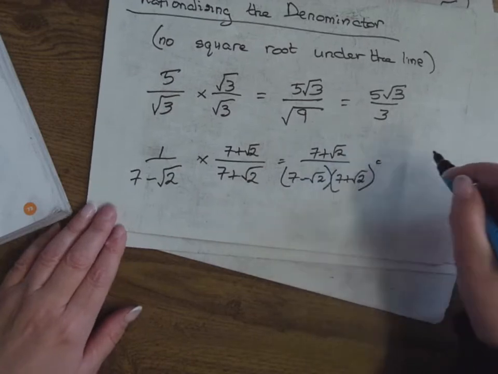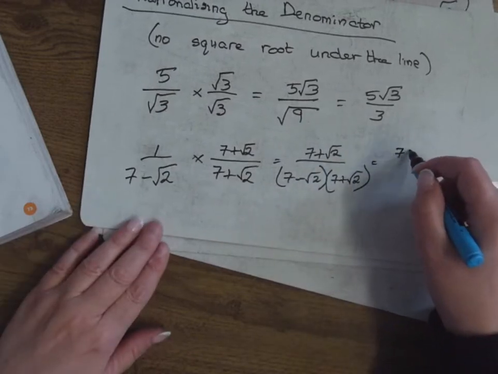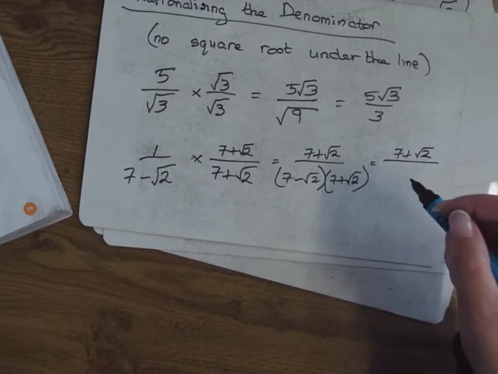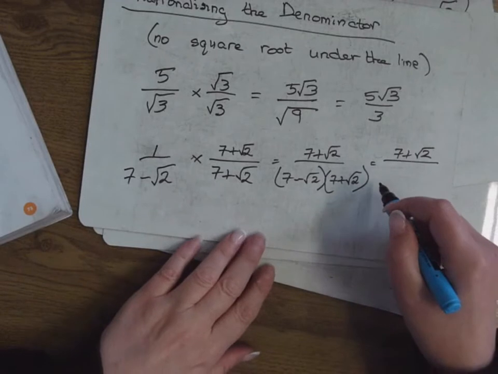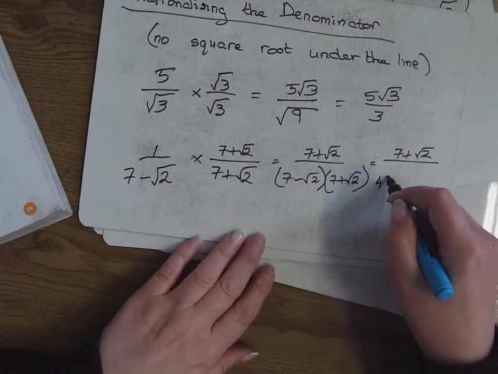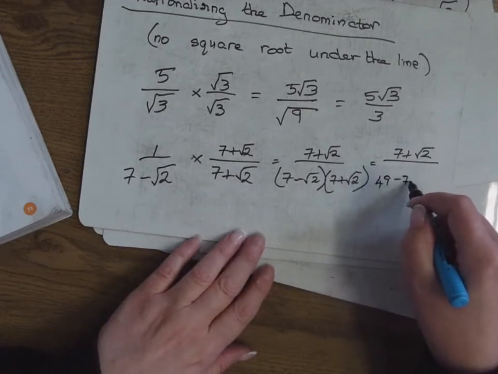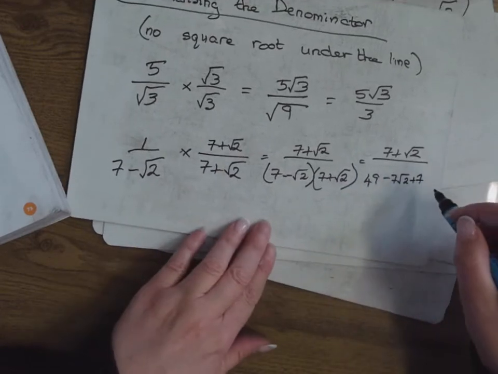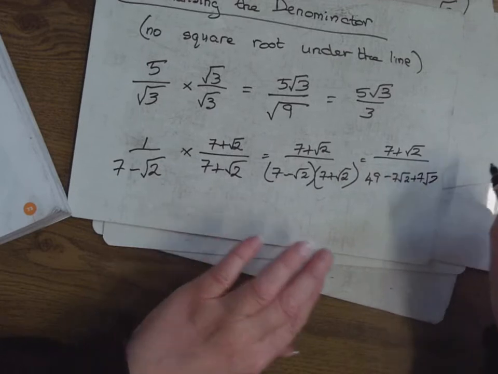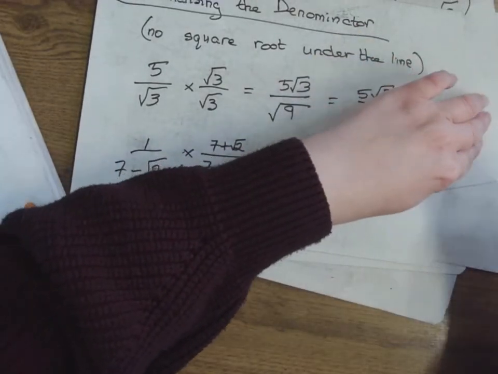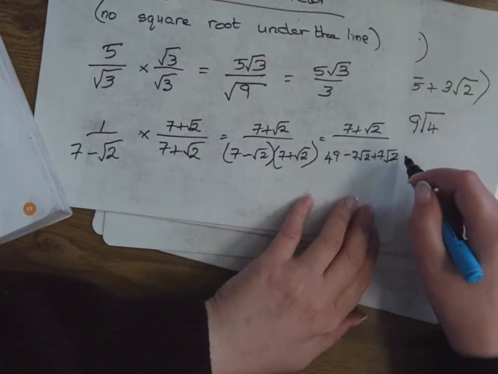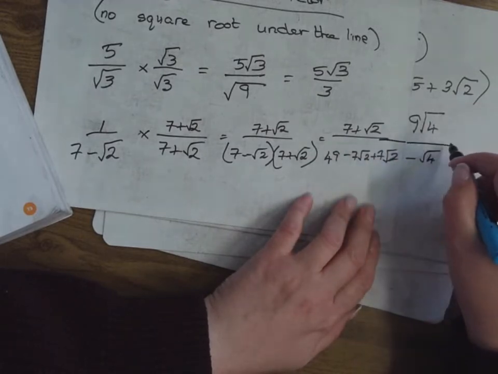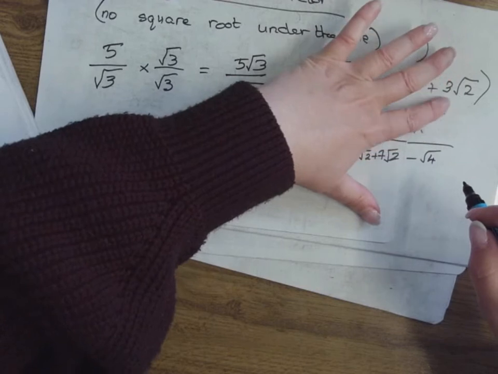So above the line that would be 7 plus root 2. Now, below the line, split up the first bracket, write the second bracket down twice. I'll skip to 49 minus 7 root 2 plus 7 root 2, minus root 4. A bit of extra room there. So don't mind that, that's gone.